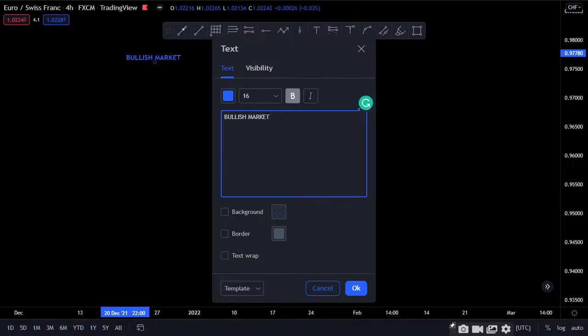We have bearish market structure. And then we have ranging market structure.